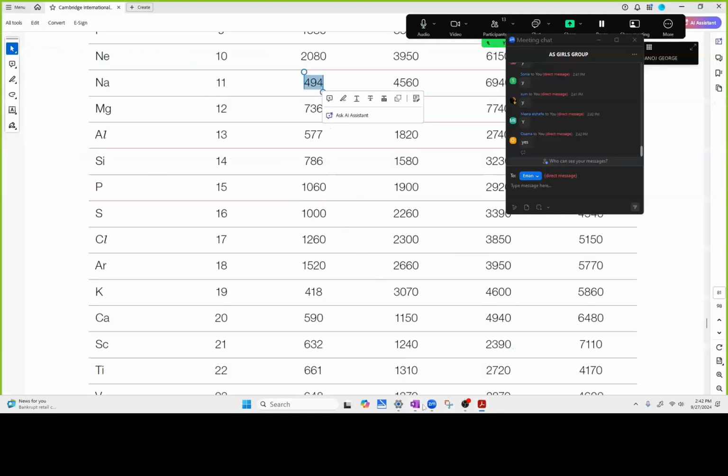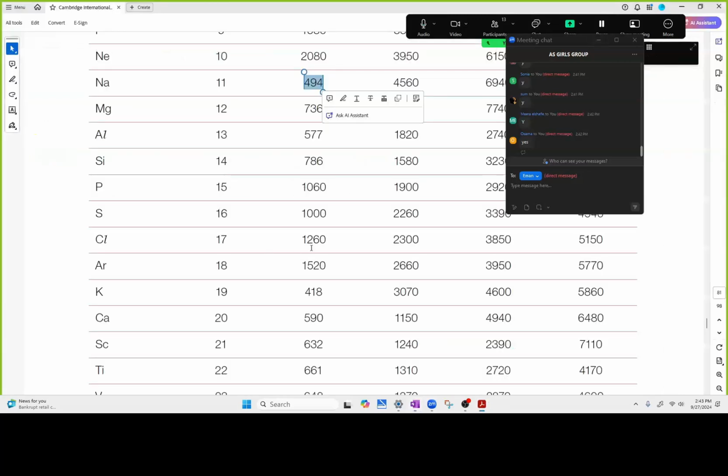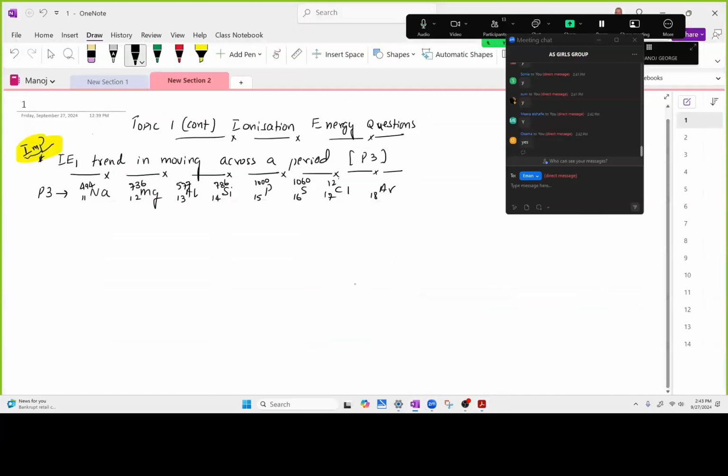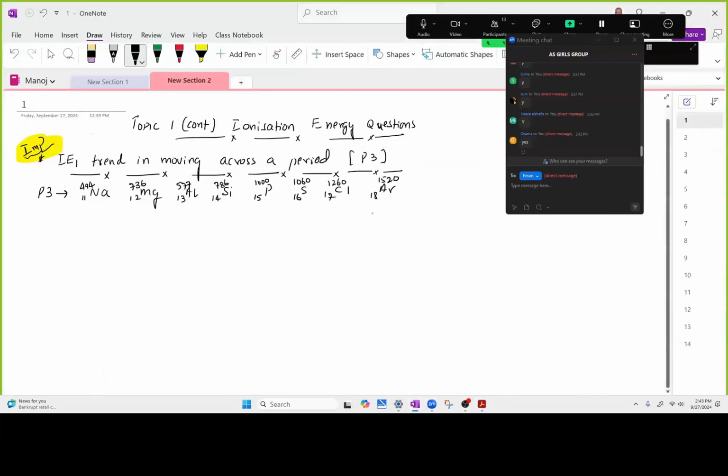Phosphorus and sulfur: phosphorus is 1000, sulfur is 1060. Chlorine is 1260 and argon is 1520. These are the first ionization energy values.